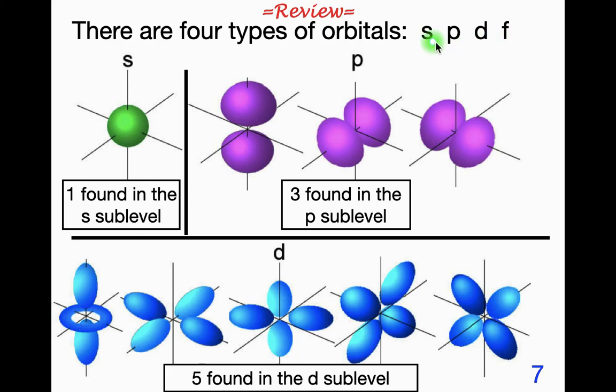S is for sharp, P is for principal, D is for diffuse, and F is for fundamental. You don't need to know that, but it's kind of interesting. And I always hated it when I would be taught something and all of a sudden something like that would be presented without explanation. So why S, P, D, and F? Well, they come from the descriptors of spectral lines.